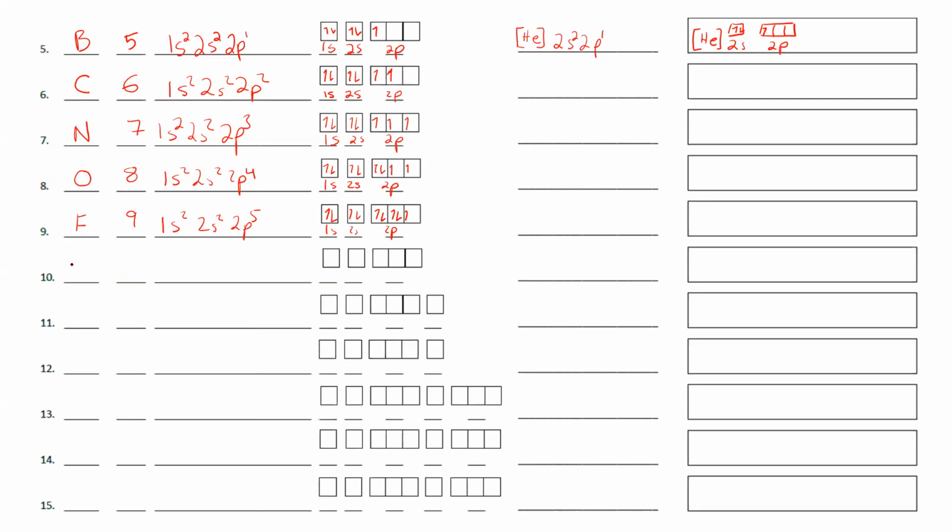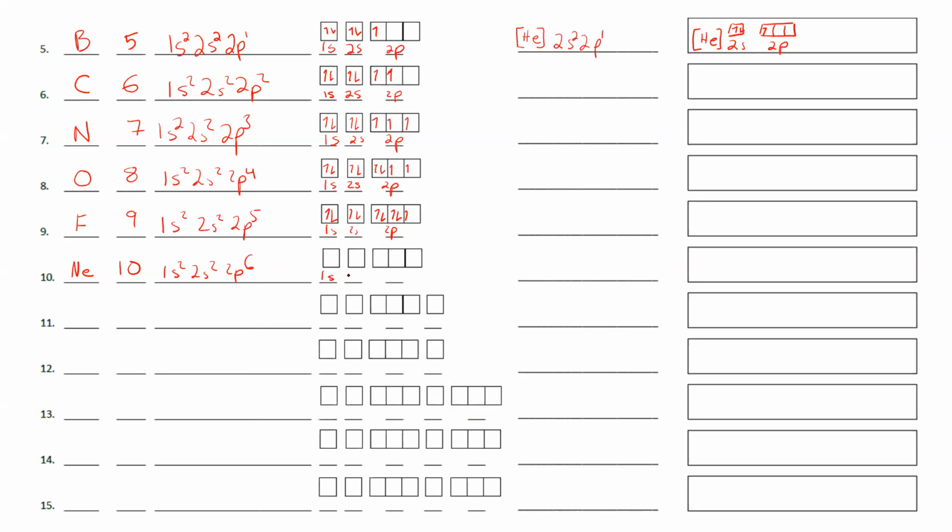When we get to neon, now we're going to complete a shell because we're going to get to the next noble gas. Neon has a total of 10 electrons, and so it will be 1s2, 2s2, 2p6.